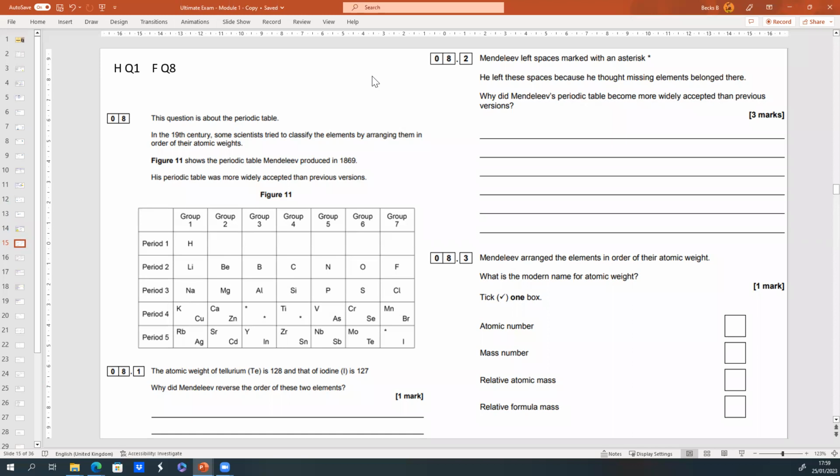Okay, so iodine is here, tellurium is here, and if we were going purely on their weight, they should be the other way.